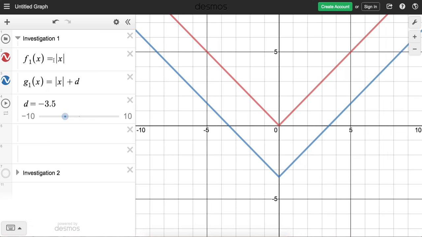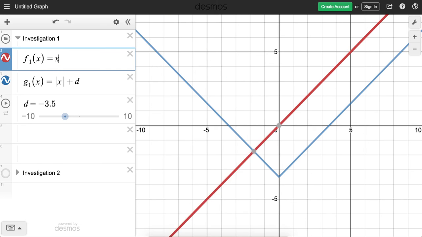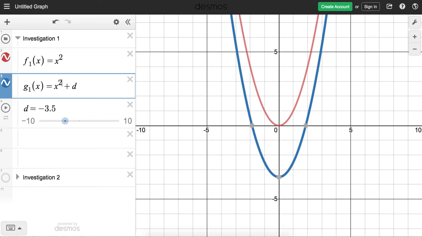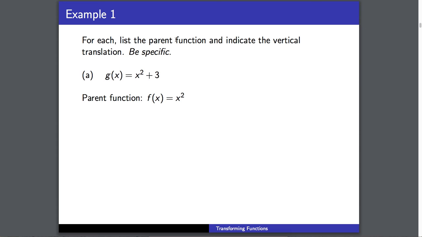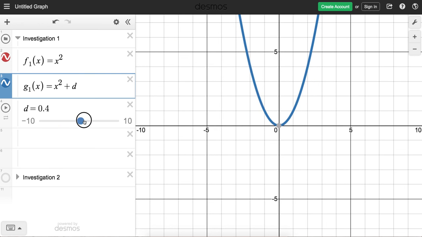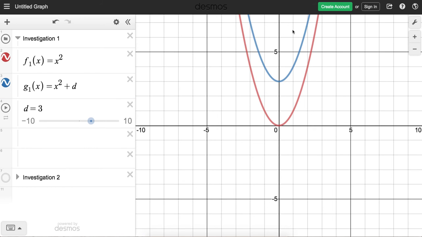So we can actually make this x squared for our parent function, and we can make this x squared plus some number. So we're going to start with x squared plus 3. So we'll change d to 3, and the graph in blue is x squared plus 3. The graph in red is our parent graph, x squared.